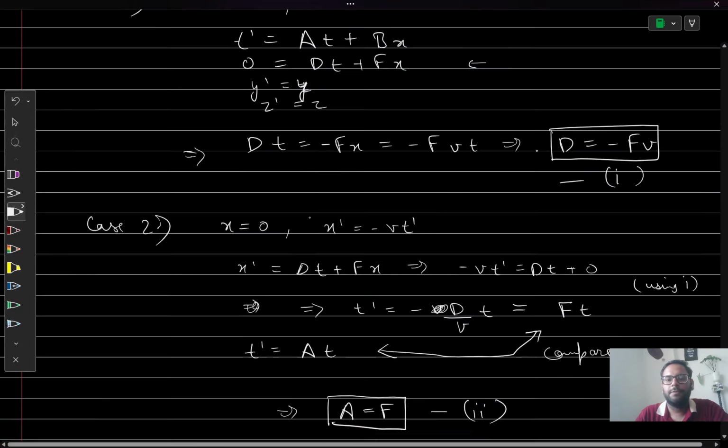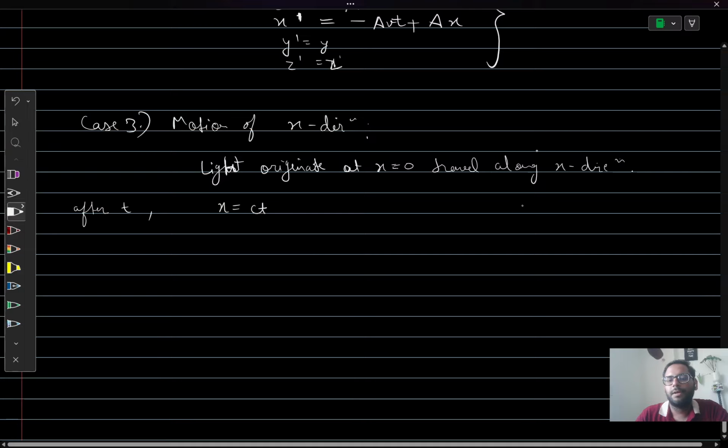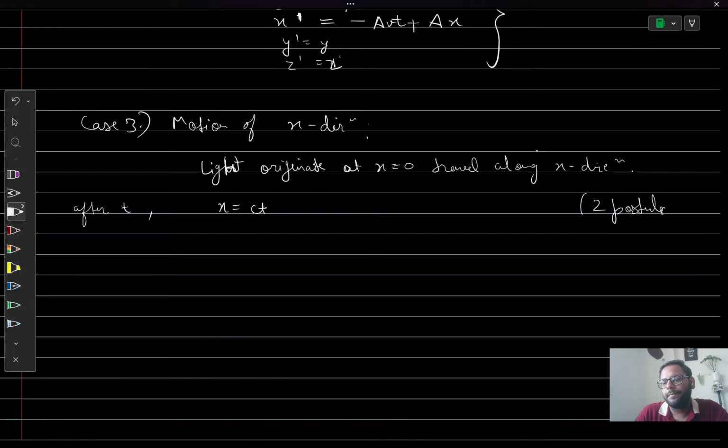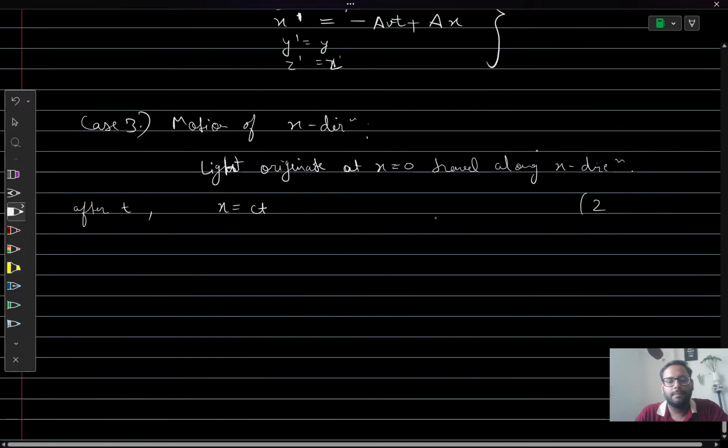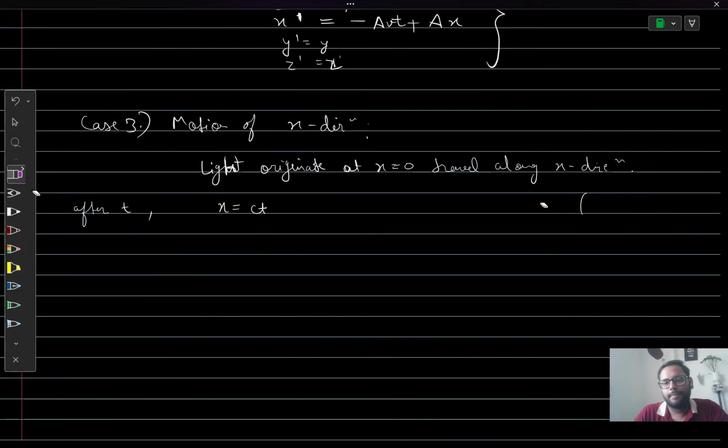In its frame, we have assumed by the second postulate that the speed of light is constant. Sorry, I must write it here in the next line. That is the S frame.